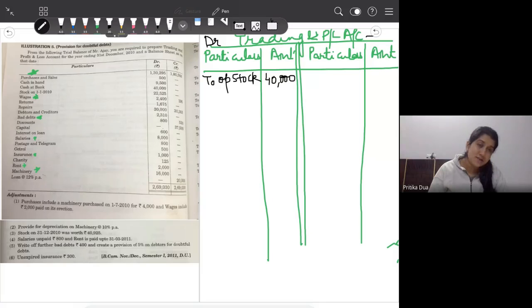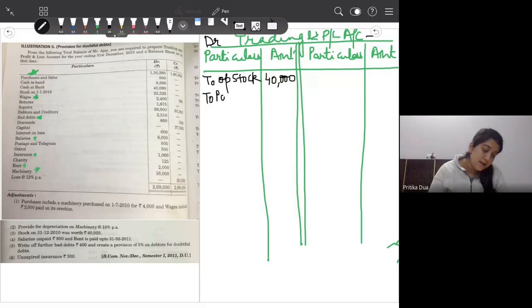So purchases is also showing an adjustment. So I'll write to purchases, and in the inner column itself I will write the amount 1,30,295.